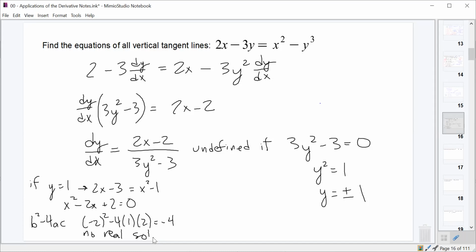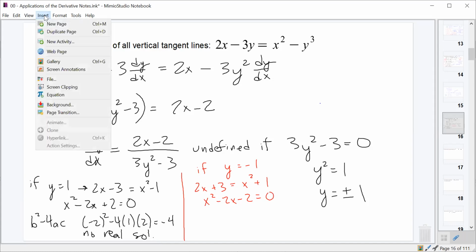We can move ahead from there and test what happens when y equals negative 1. And if y is negative 1, we end up with 2x plus 3 is equal to x squared plus 1. And we can subtract the 2x and the 3 over. X squared minus 2x minus 2 equals 0. And since I seem to be running out of room here, we'll take a look at that on the next page.